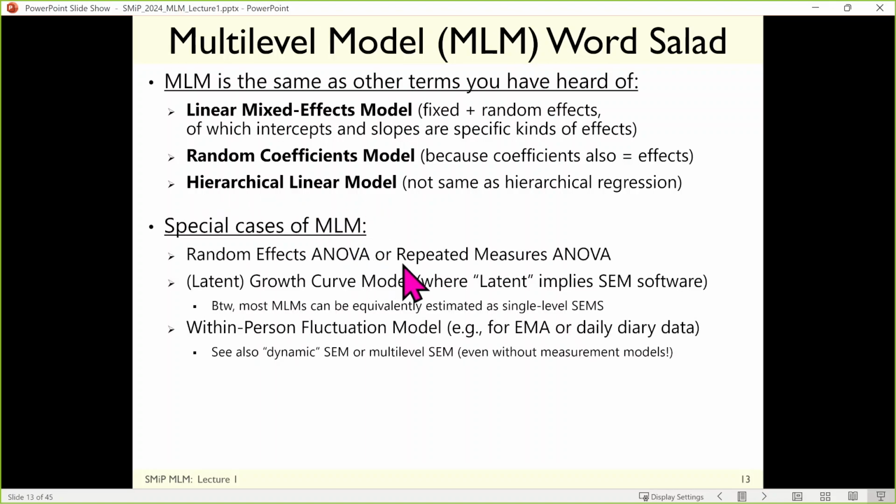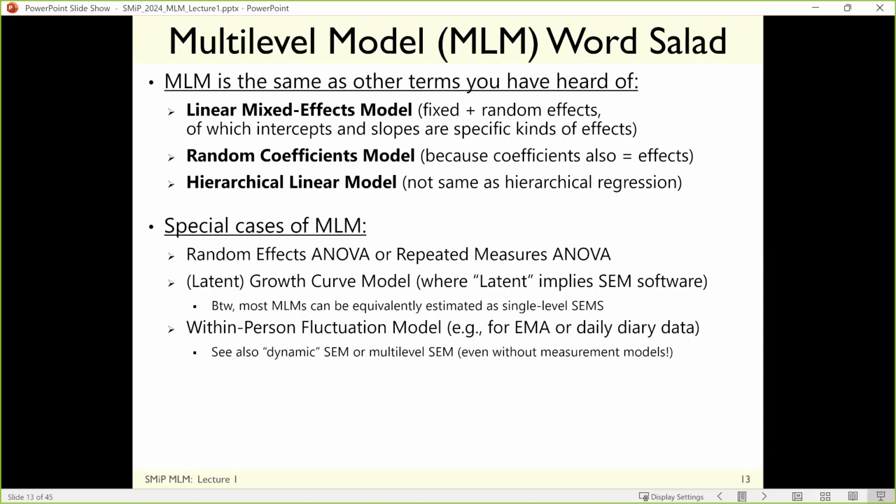Other special cases. So repeated measures ANOVA technically is a mixed effects model because you have this random intercept, even though you're usually estimating it on aggregated data. Growth curve modeling. So longitudinal analyses where your focus is on individual change. And if you want to sound fancy, you can throw the word latent in front of it.